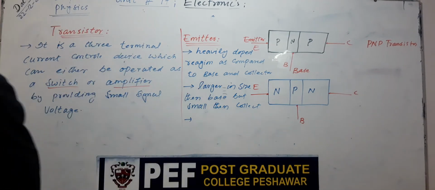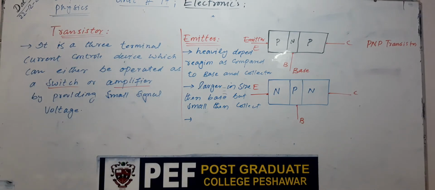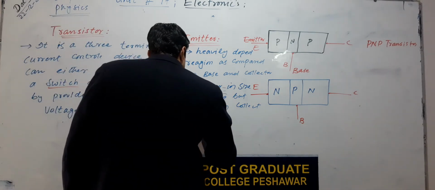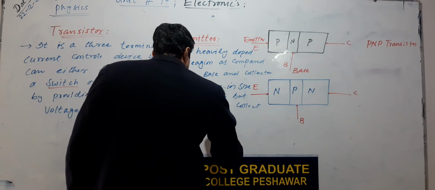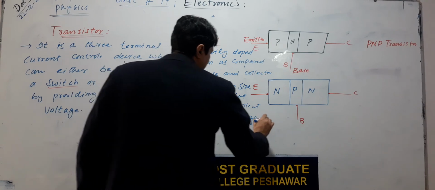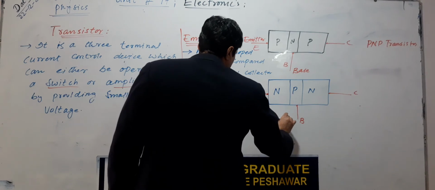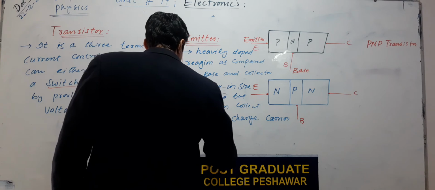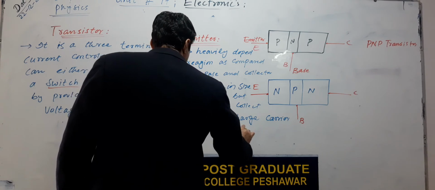The third thing about the emitter is that the work of the emitter is to supply charge carriers to the collector through the base.